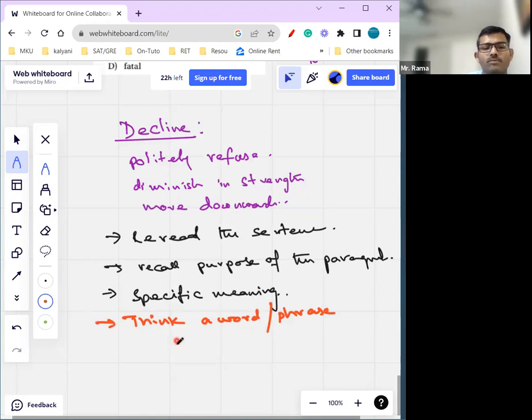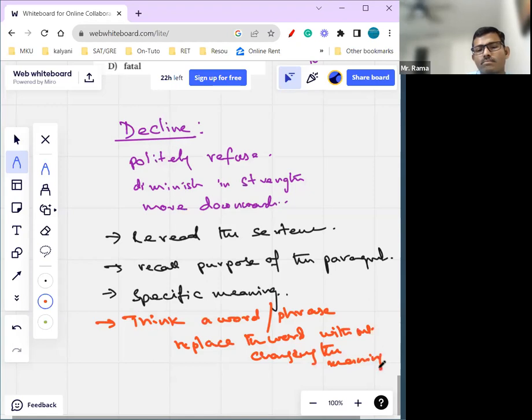Think of a word or a phrase, replace the word without changing the meaning. And then look at the choices, see which one fits really well, and use that. Then you should be good to go.